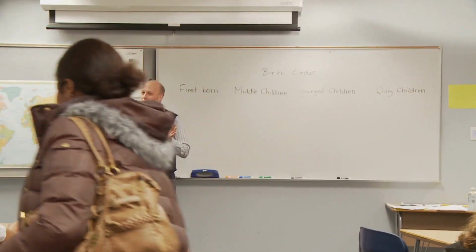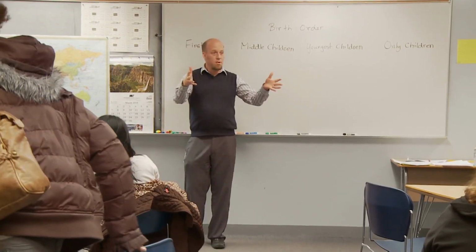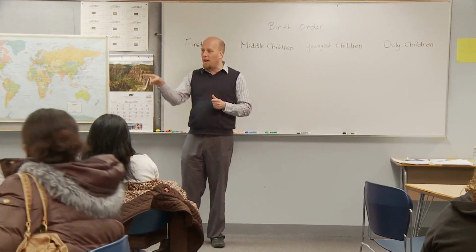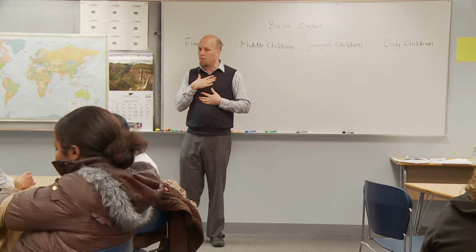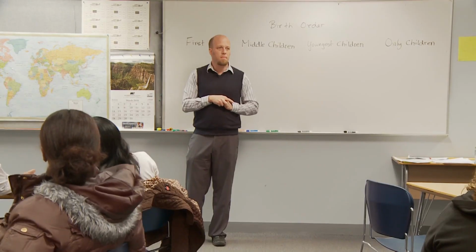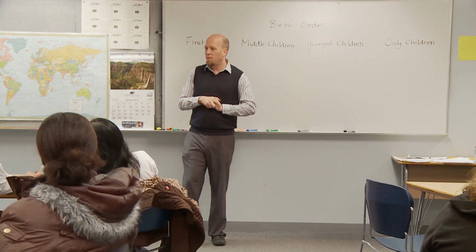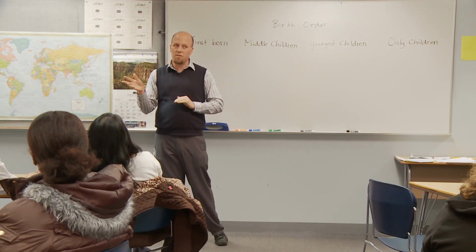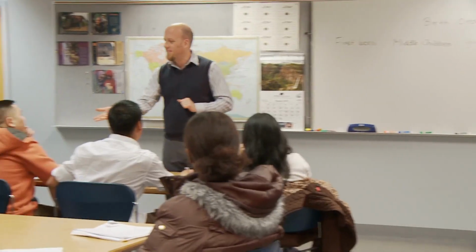So what I'm going to do, if I'm a student, is find other people who are in my group. So what's my group? First. So what do I ask the other students to find those people? You could say, what's your birth order?